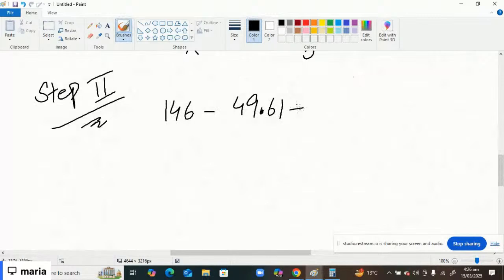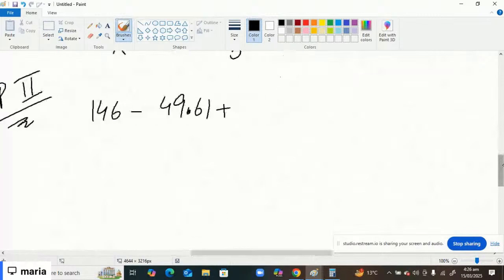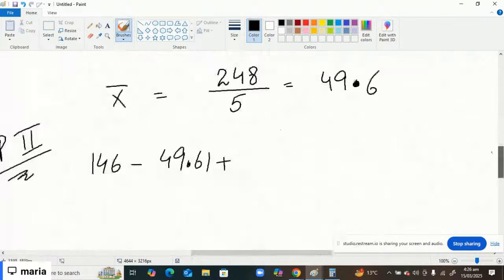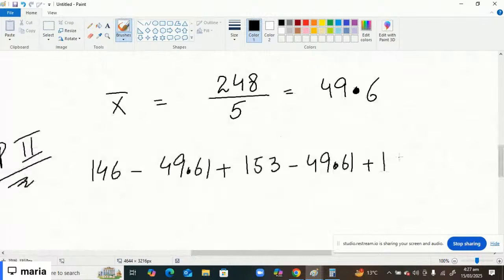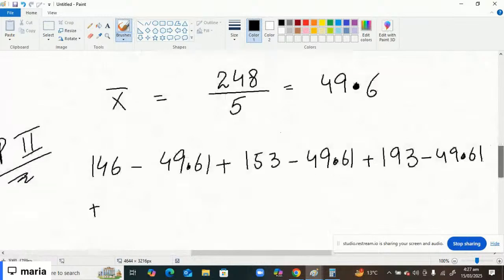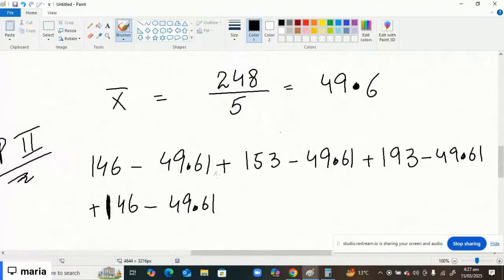Same thing, and then add up with the next value, which is 53. 53, subtract the mean value, take the absolute value, then add up the next digit, 93, subtract the mean value, take the absolute value, add up with 46, again subtract the mean value, take the absolute value, which is represented with these two lines.